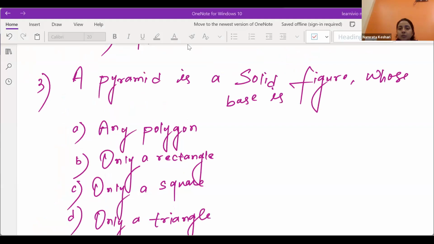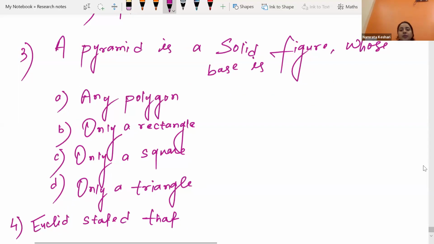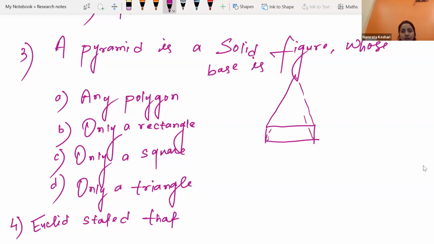Let's see. I'm trying to draw pyramids. Suppose I have made a rectangle. This is how a pyramid can look, right?